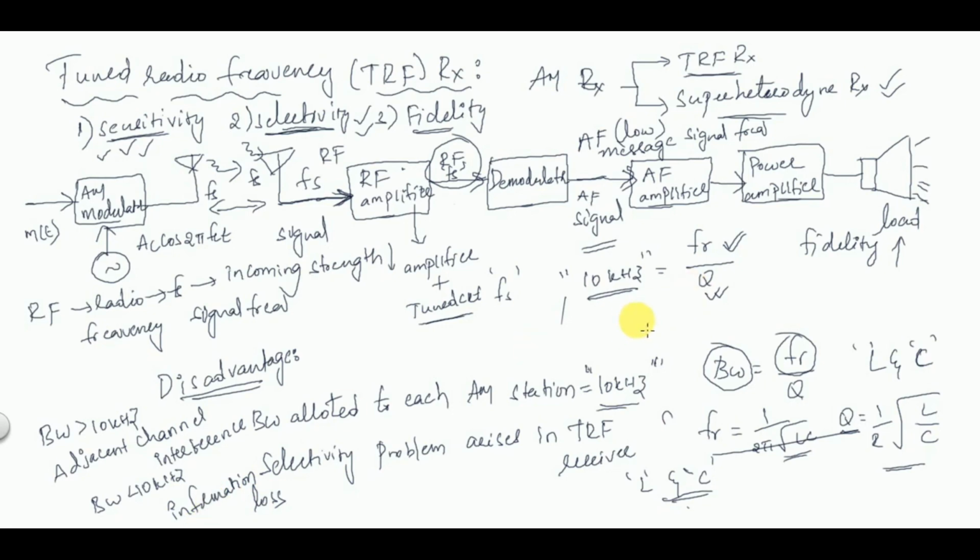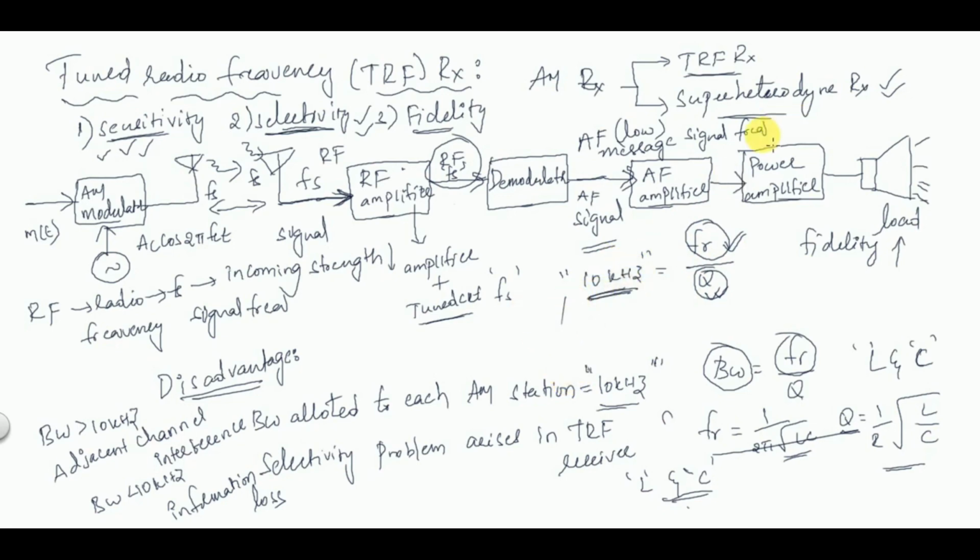So keeping the bandwidth constant at 10 kilohertz is not possible in the case of the TRF receiver. Okay, so this is the main disadvantage of the TRF receiver. Why can we not make it 10 kilohertz? Because you cannot make FR or Q constant.